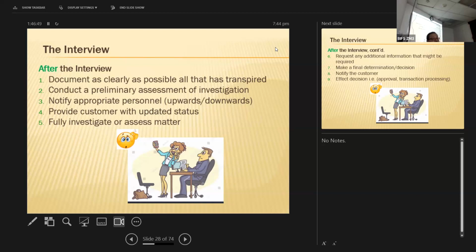So there is that possibility that you may have to go back to the client for additional information, clarification.